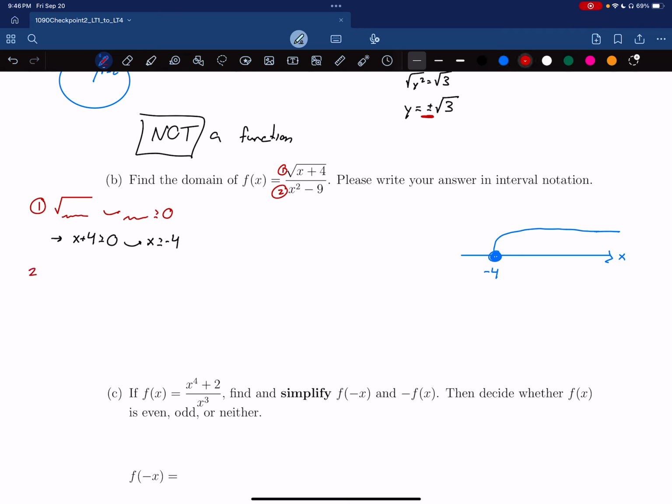So now we need to take a look at the denominator. We know that a denominator can be positive or it can be negative, but if it's equal to 0, we get a vertical asymptote, so a discontinuity, and that would not be in the domain. So we can set whatever we have equal to 0, and we're going to try to solve for x to see where this function is not in the domain.